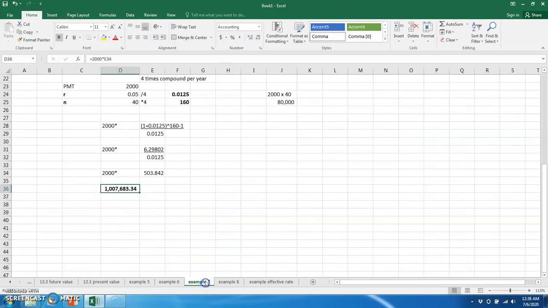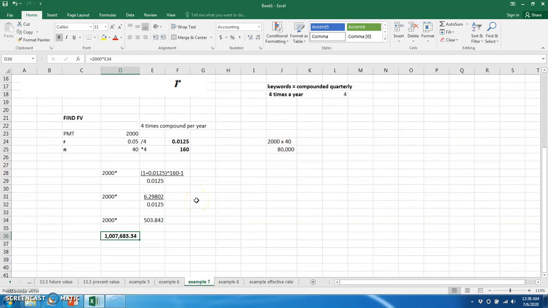When the compound is 4 times a year, it becomes 1 million. So the conclusion is the more compound, the more money that you will get if you are making an investment. But if you're making a loan, the more money that you need to pay.